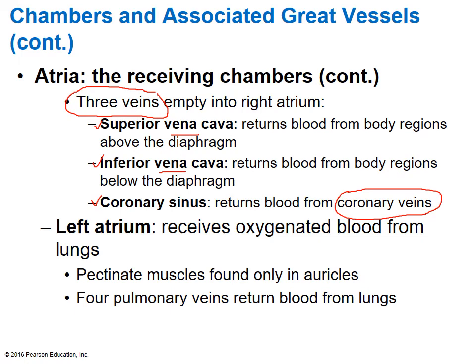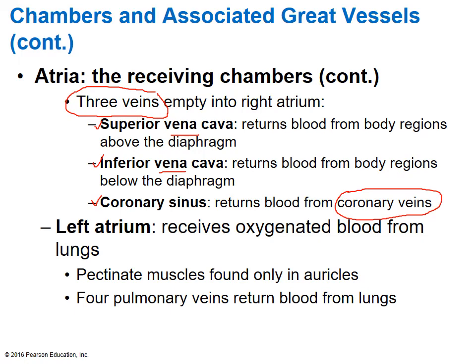The coronary veins, which collect deoxygenated blood from the heart, will mostly empty out into the coronary sinus, which is towards the posterior, the back part of the heart. And from the coronary sinus, that blood will be emptied into the right atrium. The left atrium is all about receiving oxygenated blood from the lungs.